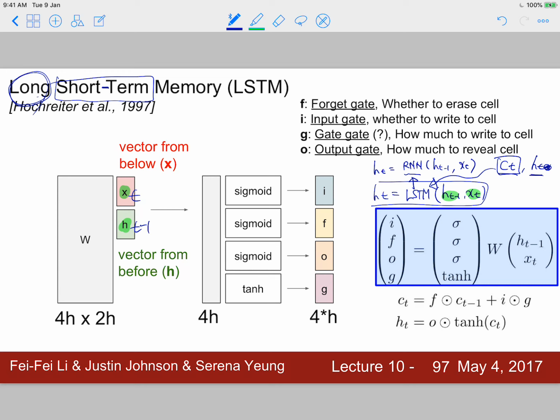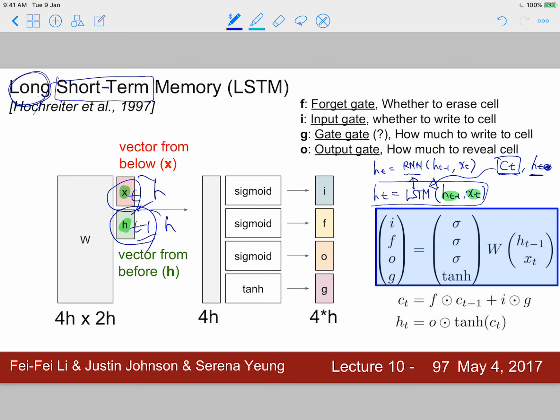Just to simplify the situation, we think of the dimension of x_t and h_{t-1} to be the same: x_t has dimension h, and h_{t-1} has dimension h.